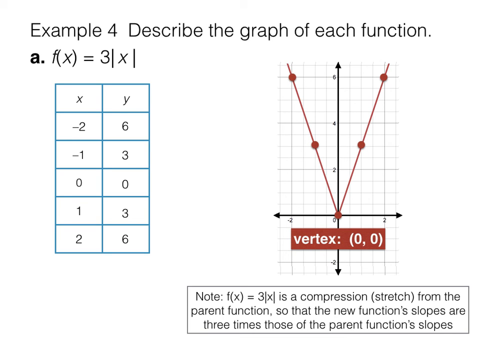It was actually a shrinking, right, from the parent function, because the new function's slopes are 3 times those of the parent function slopes. So this is actually 3 times more narrow than the parent function. The vertex is the same, 0, 0, but instead of going over 1, up 1, I'm going over 1, up 3 from the vertex.